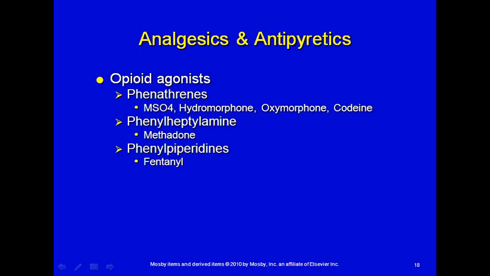We'll go with that. Phenanthrenes include your morphine sulfate, which can be abbreviated MSO4. That's the chemical abbreviation for morphine. Morphine sulfate includes hydromorphone, oxymorphone, codeines. They're all listed in the opioid agonist as an analgesic.